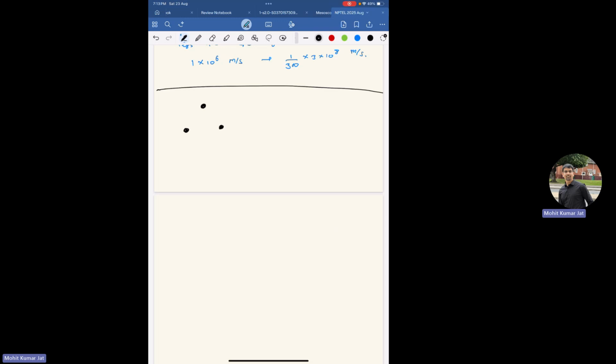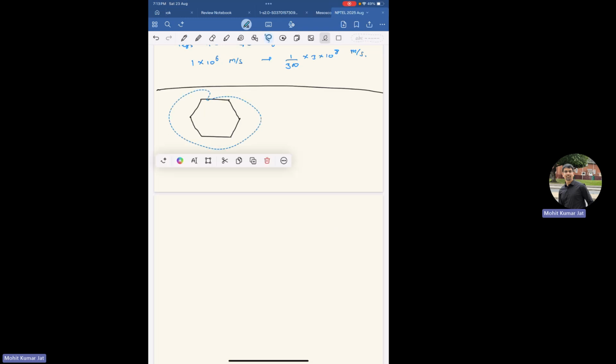Similarly, let me just draw hexagons first. I'm not able to draw the perfect hexagon, but let me just draw the best possible which I can. Yeah, so this is one hexagon.